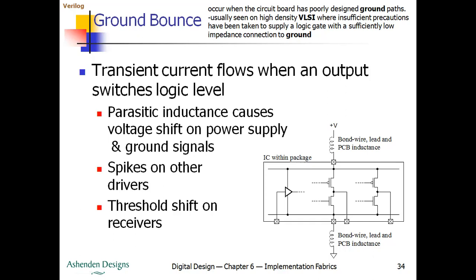Okay, so we can have solutions for this ground bounce problem. One such solution is the use of bypass capacitors. We can use a bypass capacitor between the ground point and the plus VCC, of a value of say 0.01 to 0.1 microfarad, close to the package pins. Such capacitors hold charge that can quickly supply the need of the supply drivers, and this also avoids the spikes.